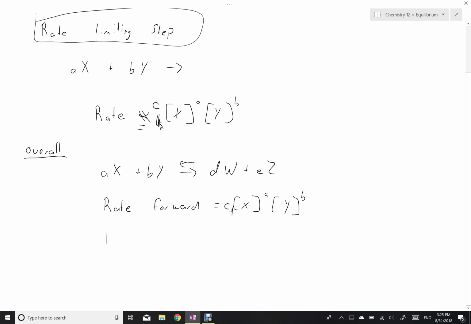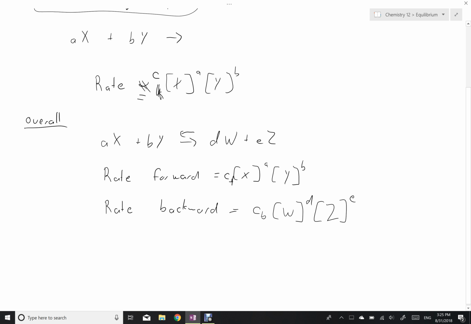And then my rate for my backward reaction, again, I can use the overall reaction to come up with this rate, even though it isn't the rate limiting step necessarily, because this reaction has to go all the way to completion before it can turn around and come back. So all of the materials need to be used.